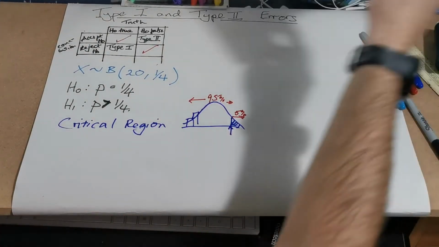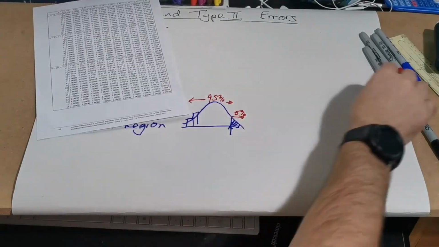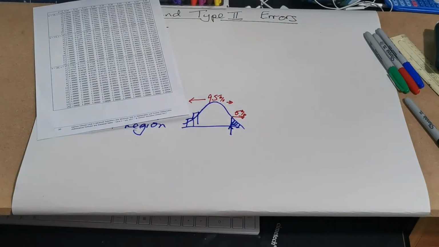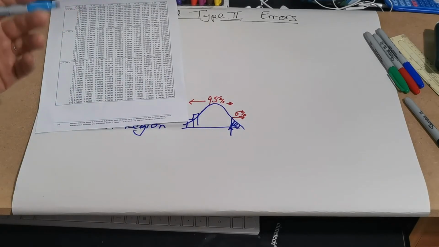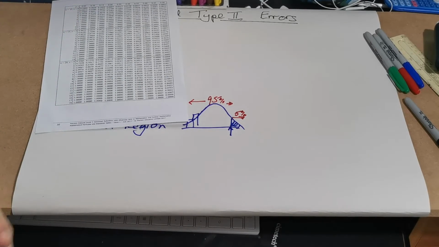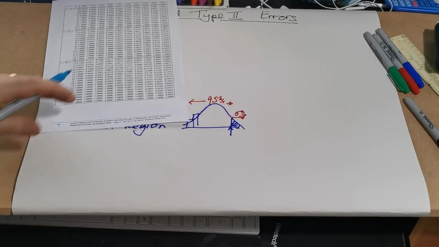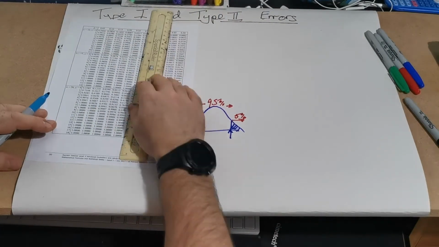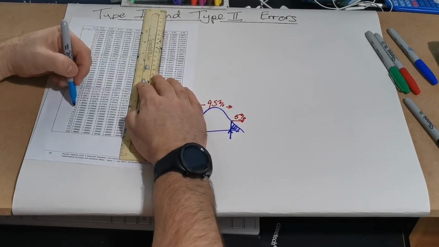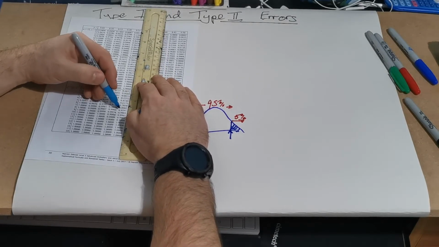So in order to look at my critical region, I'm looking for the probability that X is bigger than or equal to something would be 0.05. So if I look down my tables, I've got 20 and a quarter. I can see when I get to 8, I've got 0.9591.